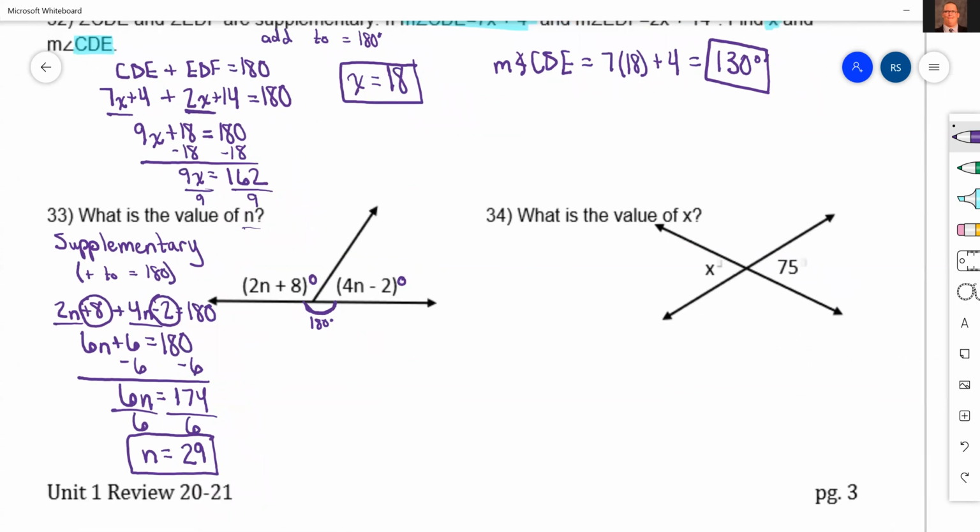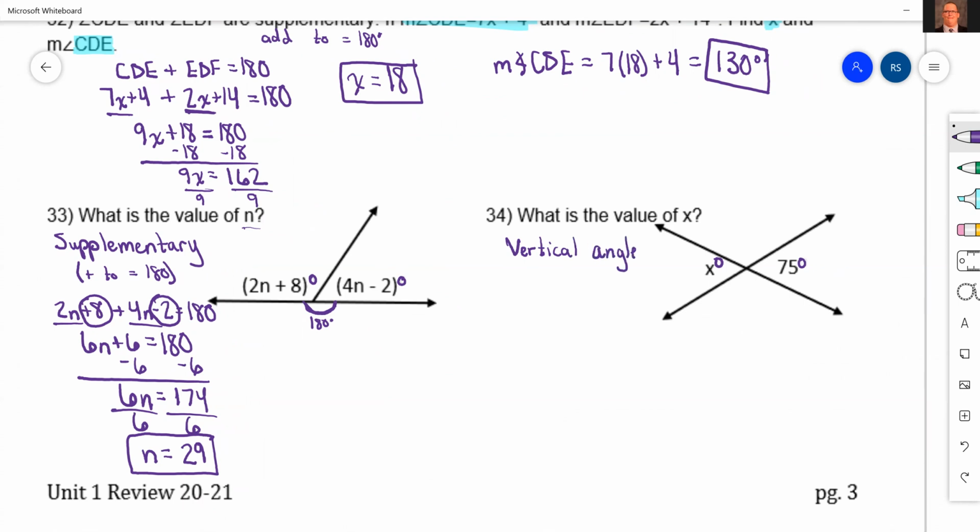And the moment you've all been waiting for, the last one. What is the value of x? Well, we're given two angles here. What's our special name for these two angles? They are vertical angles.